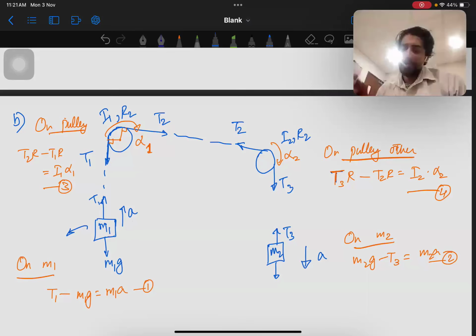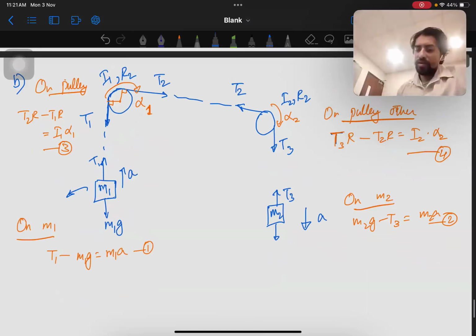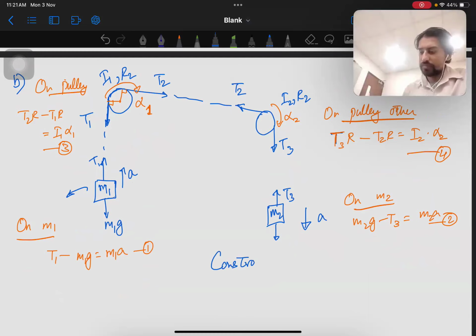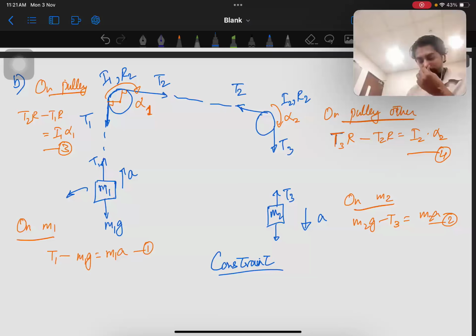And what's the constraint over here? Now, over here, the accelerations must match. And over here also, the accelerations must match. So for the constraint, we will have to write that the tangential acceleration of the pulley, on the left pulley, we took the radius as R2.